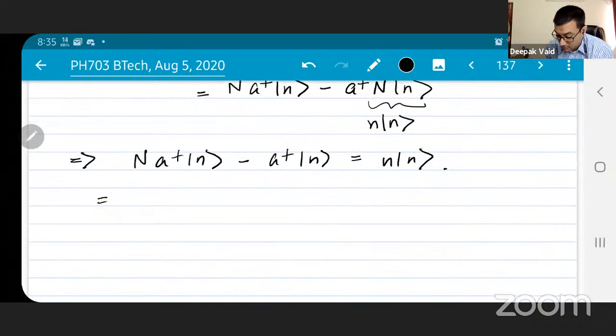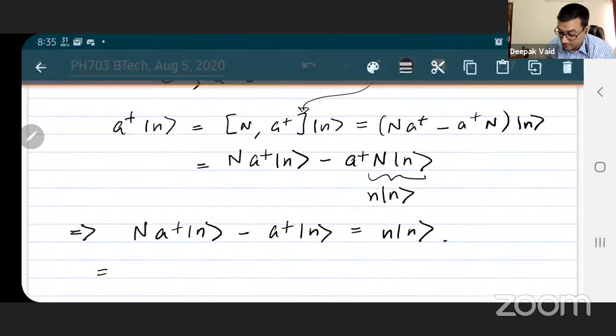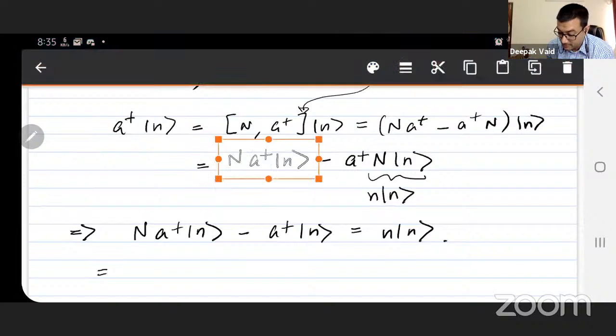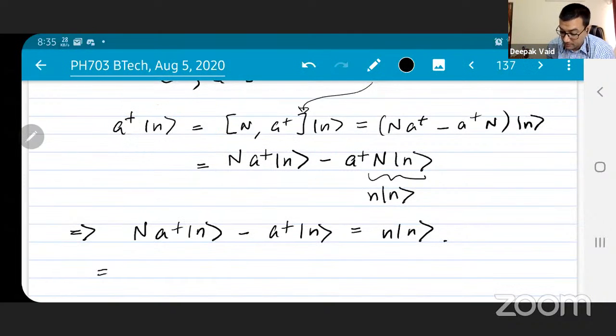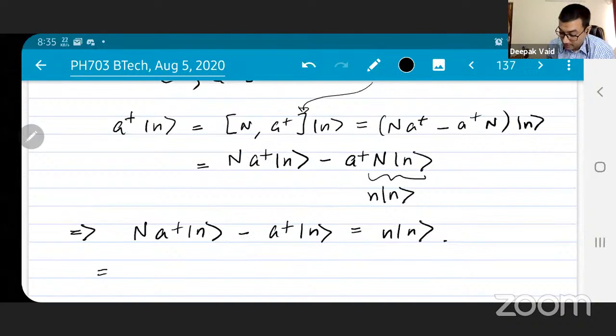So now in this expression, on the left hand side, what I have done is I've just rearranged these two terms. I have taken this term, brought it over to the other side, so I get minus a dagger n, and then I've taken this guy and put it on the other side, so I get plus a dagger n.